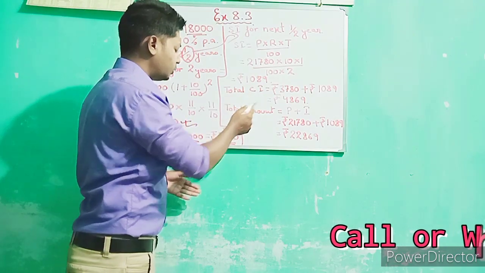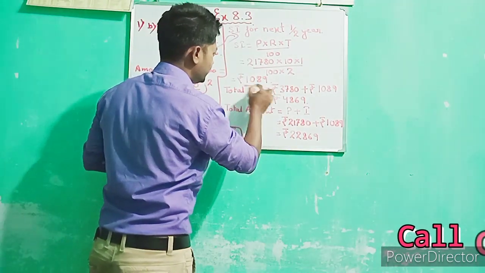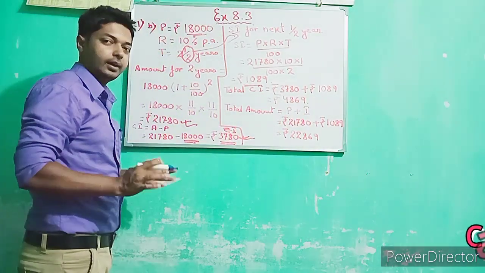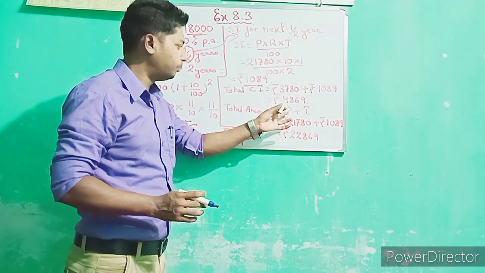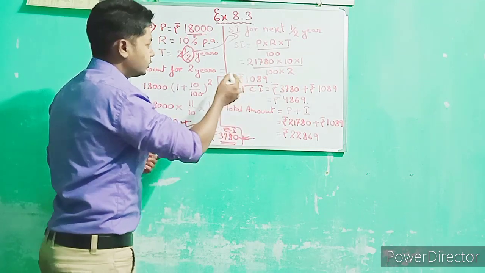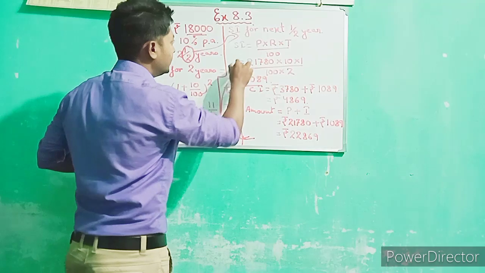So what is the total CI? This CI and this one, we will be adding up and getting the total CI. Understood? So what is the total amount? The total amount is P plus the interest. So this is the principal for this sum.